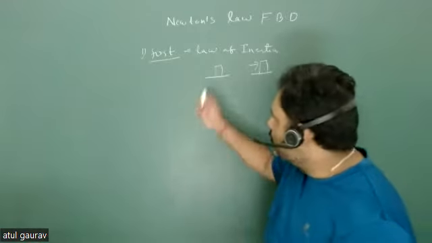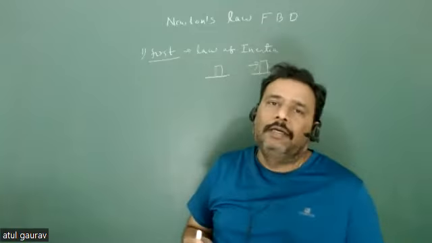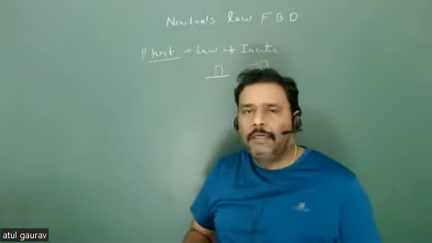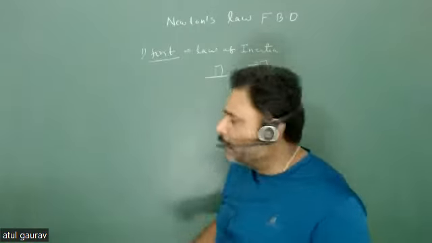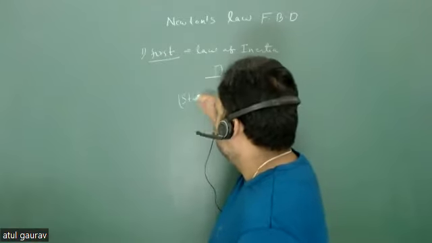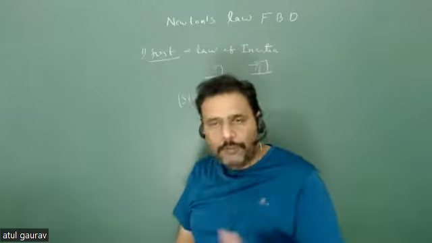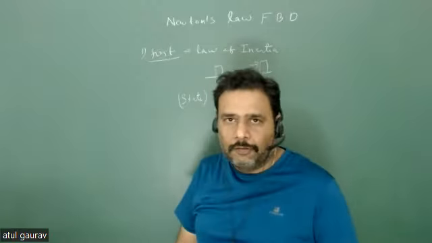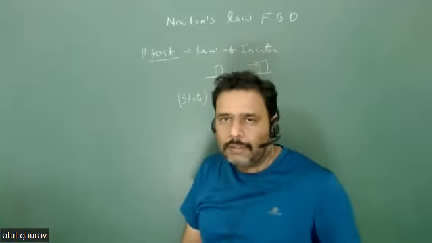So the first law, if you look at it from the mathematical point of view, from the approach of application, will tell you about the state of a system. Means if you know position and momentum, and you want to change its position and momentum, then you have to give some external force.